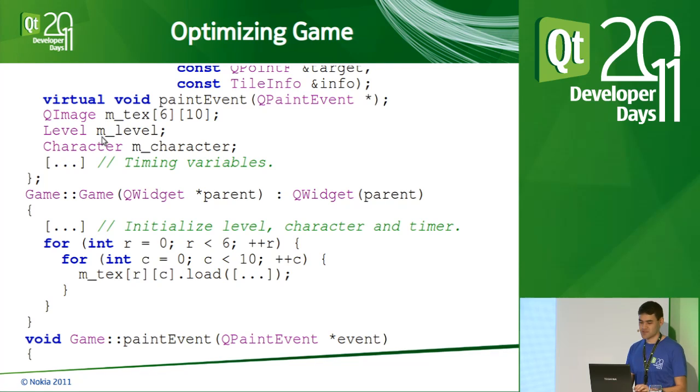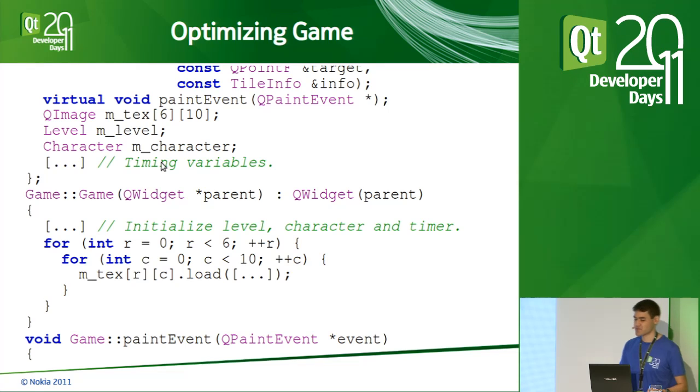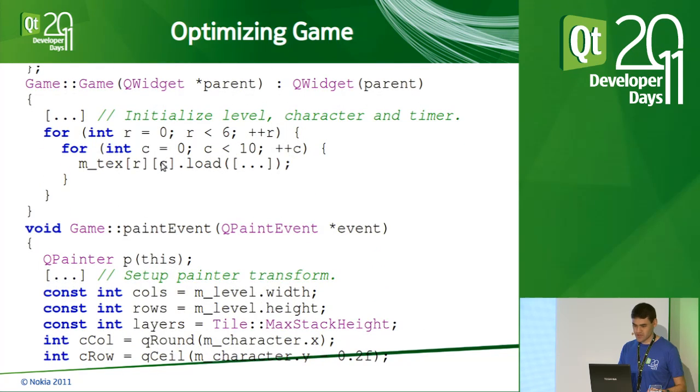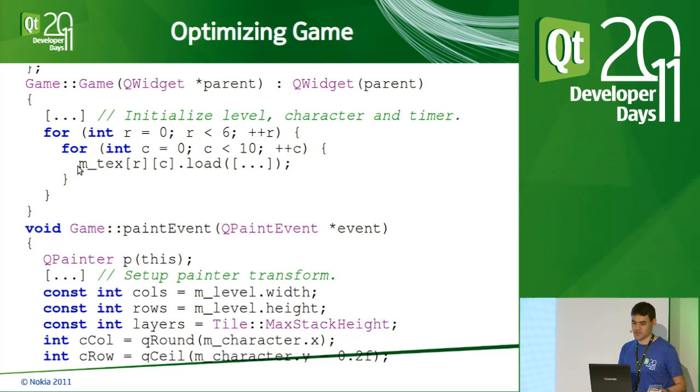Then it has a class which contains the level information and a class containing the character information, the player character that you can move around. Then there are some timing variables that I skipped here to make things clearer. In the constructor, I load all the textures one by one.